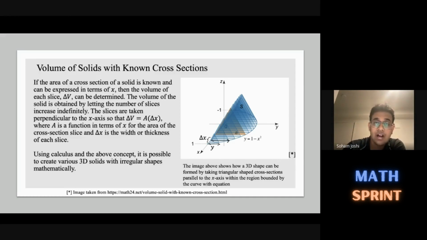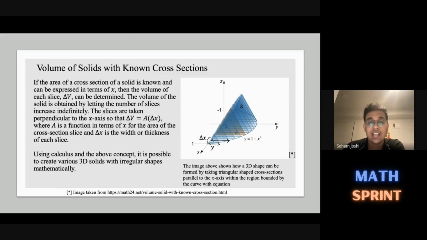If the area of a cross-section of a solid is known and can be expressed in terms of x, then the volume of each slice, delta V, can be determined. The volume of the solid can be determined by letting the number of slices increase indefinitely.